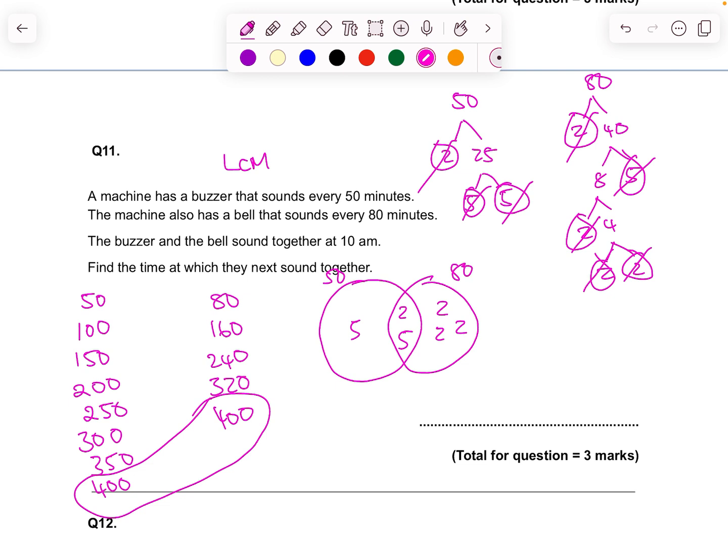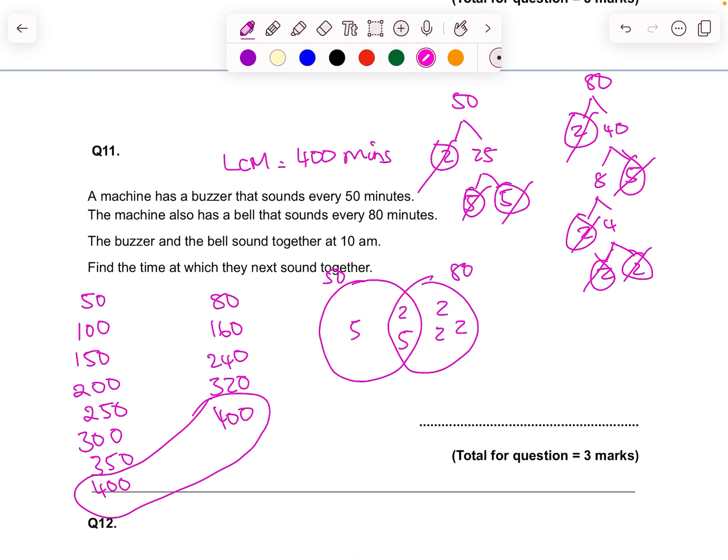And then when you multiply that all together, you would have found that to be 2 times, that's 8 times 5, which is 40 times 10, 400. So it would have given you 400 as well when you multiply all those numbers together. So you now know the LCM is 400 minutes.